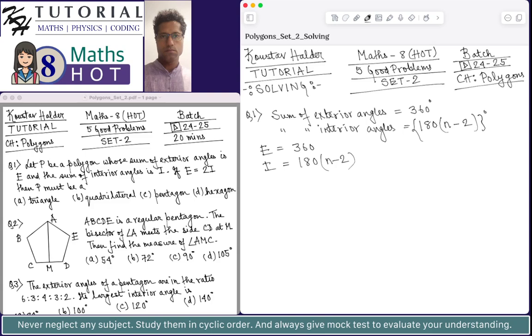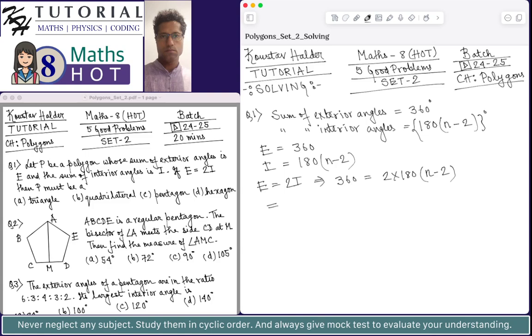Now it is given that E is equal to twice I. So we can say that E is 360, is equal to twice I, which will be 2 into 180 multiplied by n minus 2. So we have this equation in n.